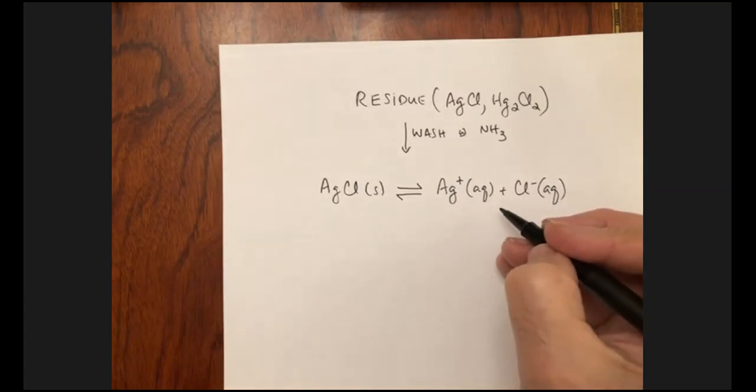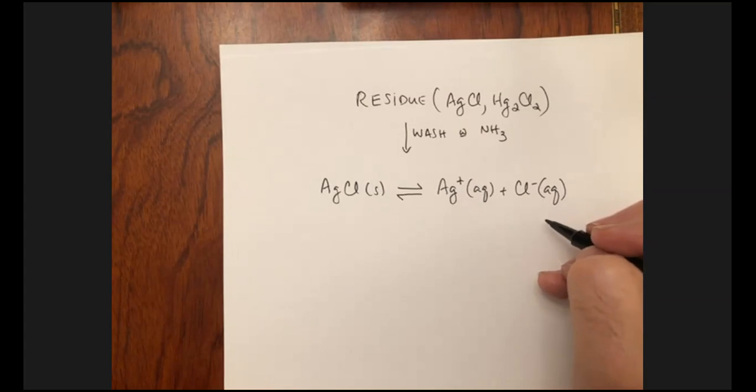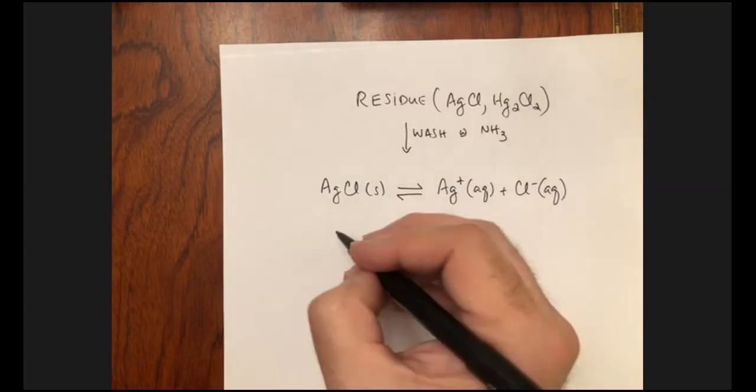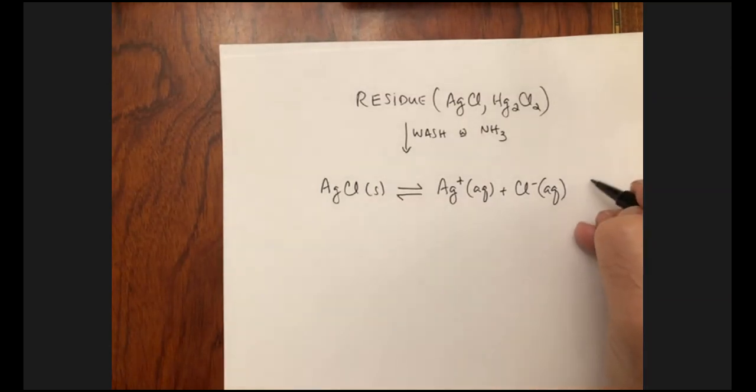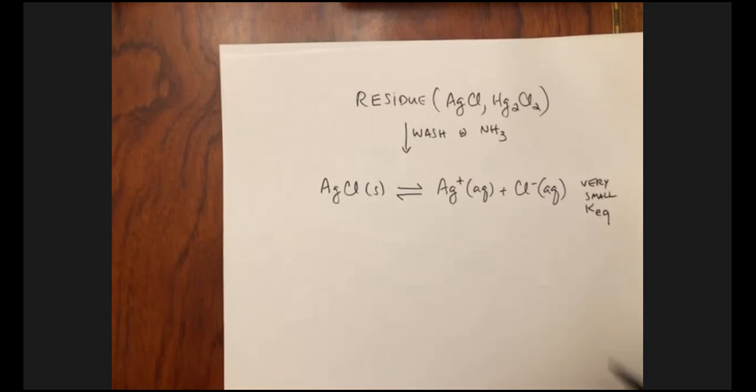This, of course, has a very, very small equilibrium constant, which, by the way, we're going to learn later on, is called Ksp, or the solubility product.